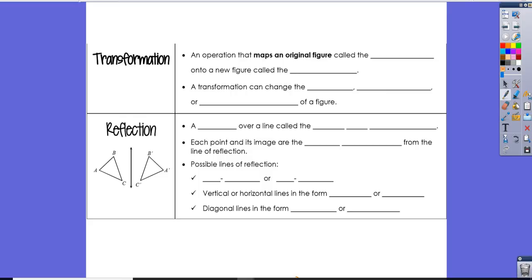All right, so transformations are operations that map an original figure called, hopefully you guys remember this, you should have written pre-image right here, onto a new figure called the image.